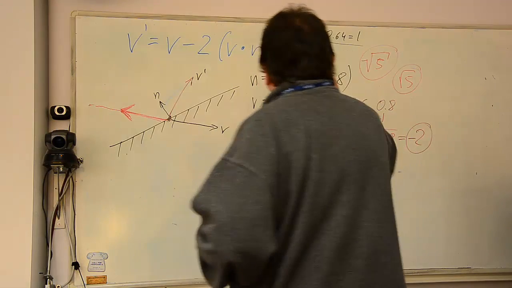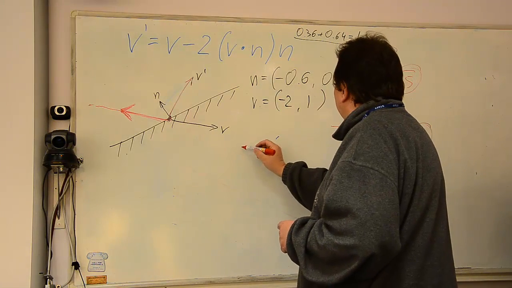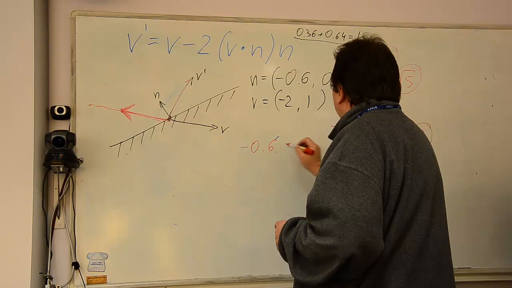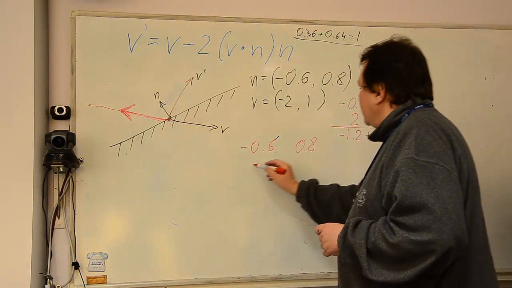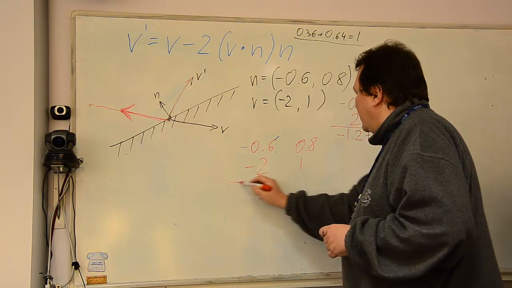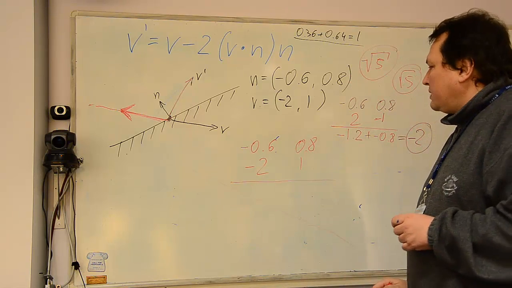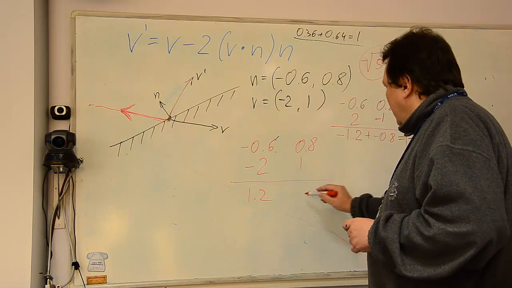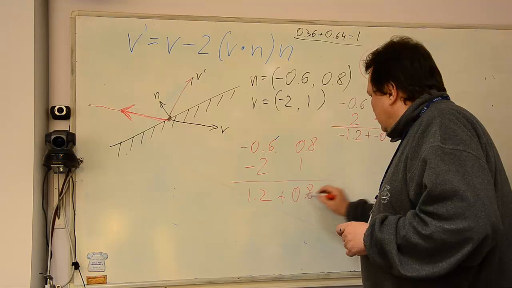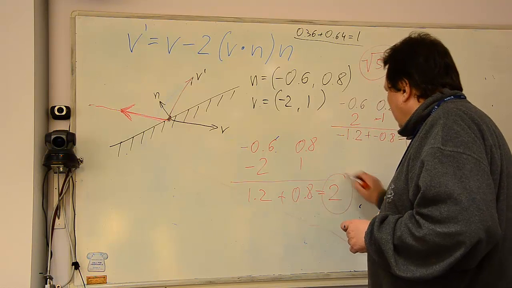So let's repeat the calculation now. For the data we currently have, it's the normal vector, and this time we have -2, 1. Minus 0.6 minus 2, it's 1.2. This 0.8 added together, it's 2.